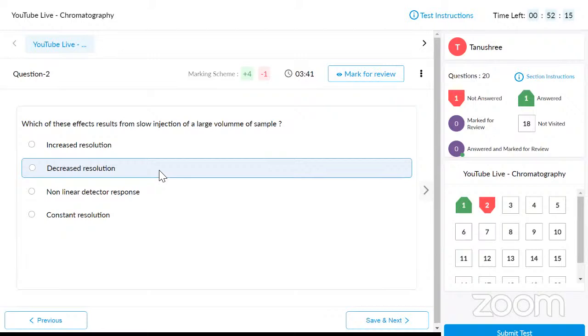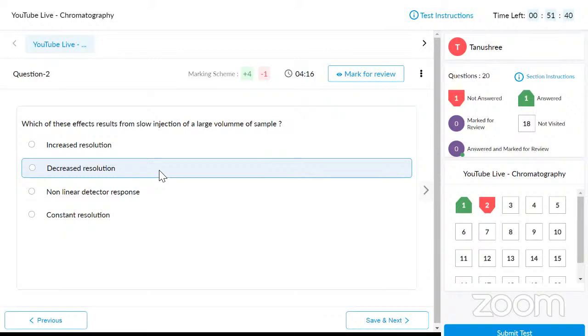Maybe next time, when a second analyst is employing the same method of analysis, if he or she is not injecting the volume of sample properly, and instead of the designated volume injects a larger volume, you will never get consistent results. So maybe on day one you achieved a very good peak shape, but because of the error of the analyst, you might get a very broad peak or a very badly resolved peak. So constant resolution is also not the answer.